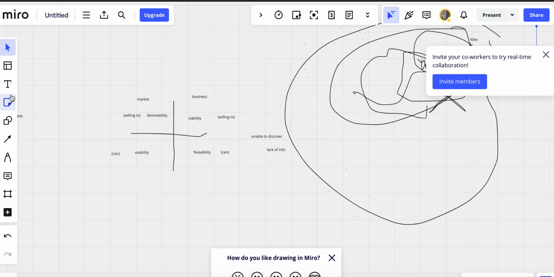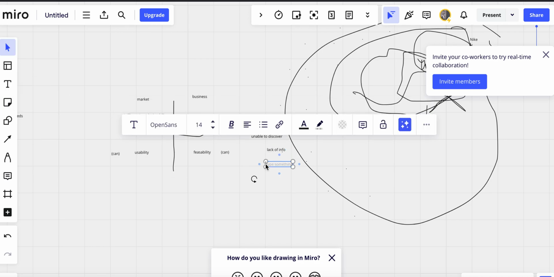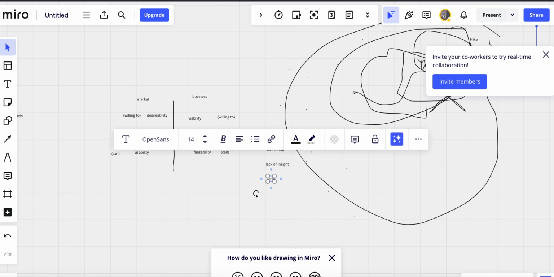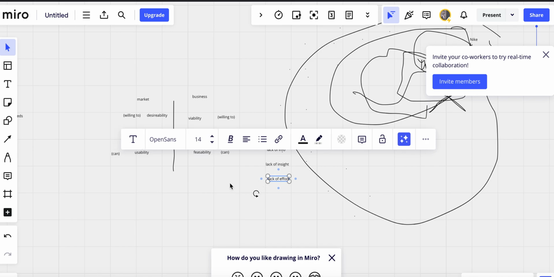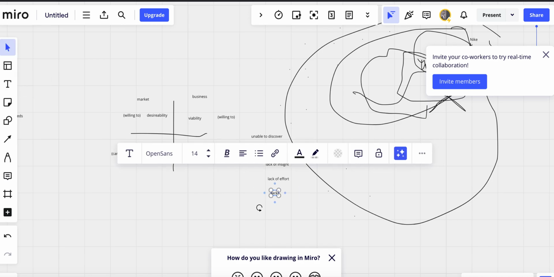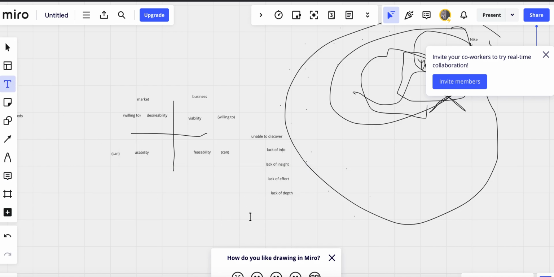Could be lack of insight. It could be lack of effort. Lack of depth. Lack of breadth.